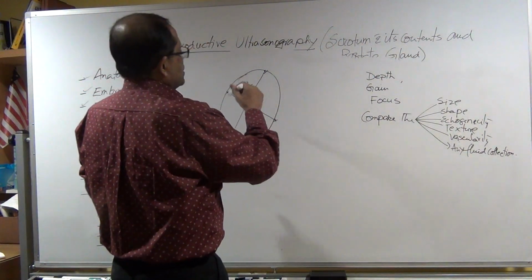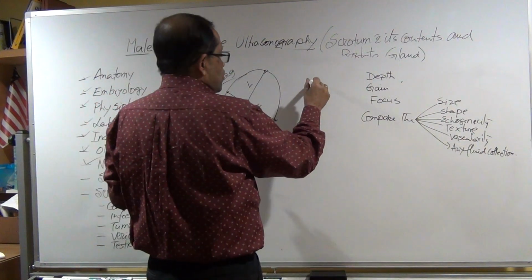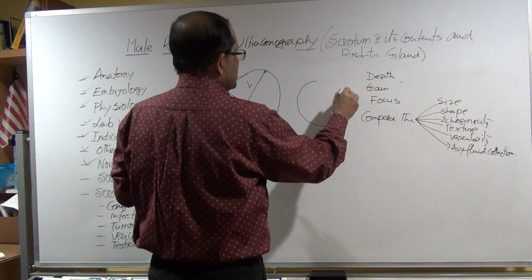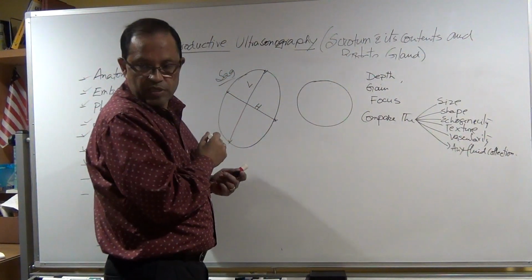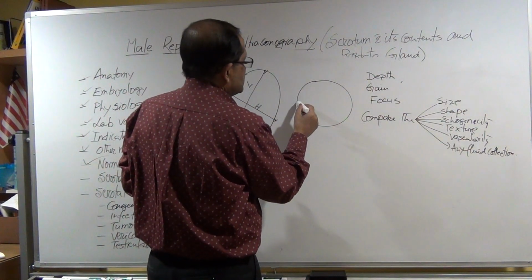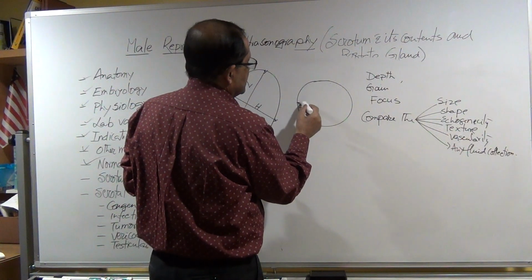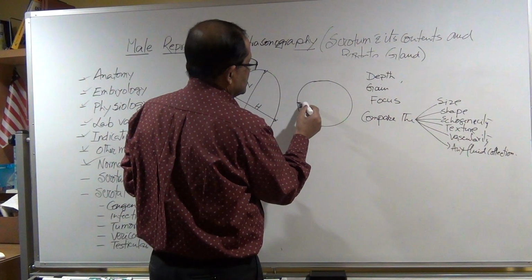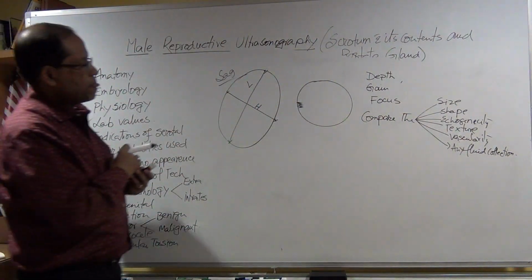In cross section it will be almost round, a little egg shape. Here you will see the rete testis. Okay, you're going to see the rete testis over here.